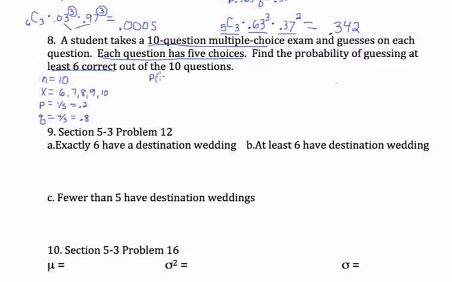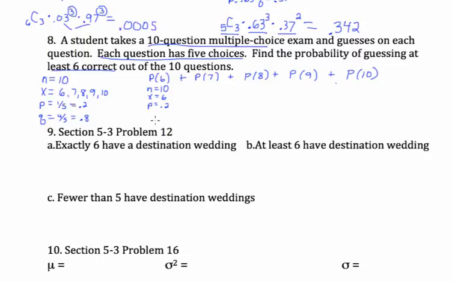So now I'm going to go back to the book. In the back, at the tables that we looked at earlier, I'm going to find the probability that x is 6, and then add that to the probability that it's 7, and so on. So for P of 6, my n will be 10, my x will be 6, and my p will be 0.2.